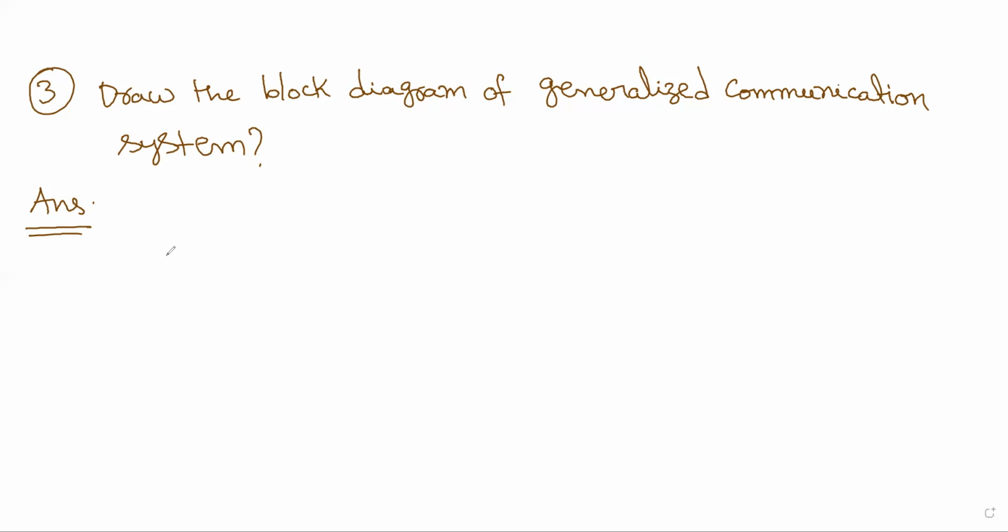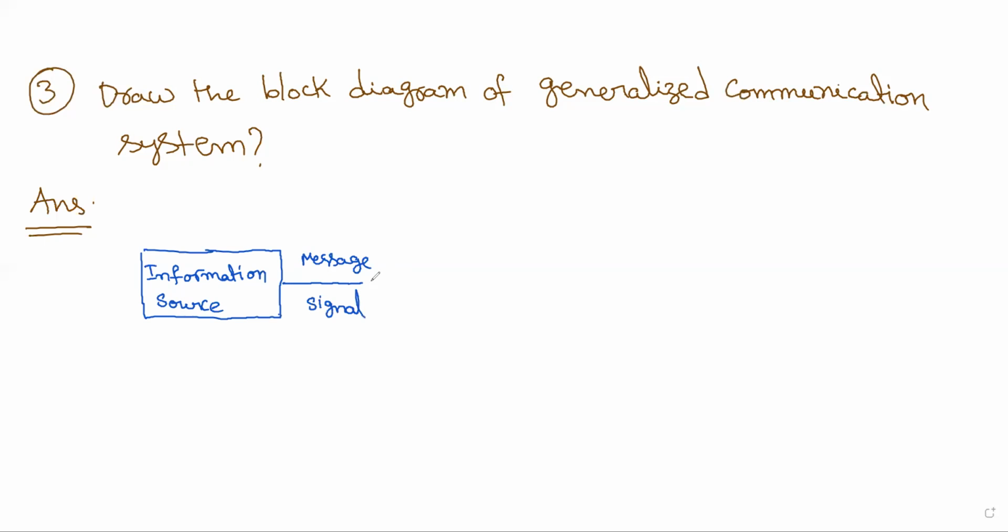So in the first block we write information source. That is the first block. From here we get a message signal.